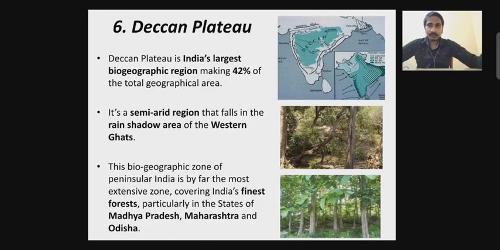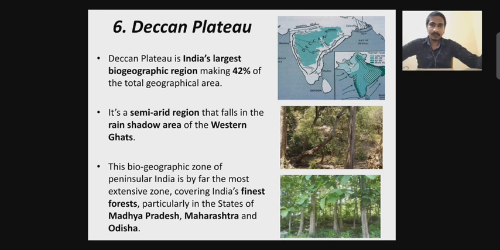Deccan Plateau. Deccan Plateau is India's largest biogeographic zone, making up 42% of the total geographic area. So this is the largest in terms of the total geographical area. It is a semi-arid region that falls in the rain shadow areas of the Western Ghats. The biogeographic zone of peninsular India is by far the most extensive zone, covering India's finest forests, particularly in the states of Madhya Pradesh, Maharashtra, and Odisha.